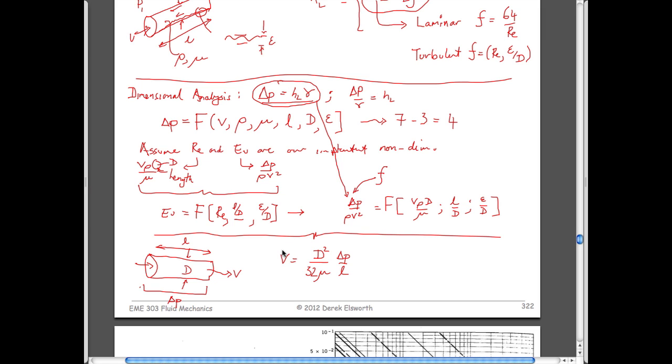This happens to be the average velocity, and it's the average velocity because if you think about what you'd expect the velocity to look like across this pipe, it's actually kind of parabolic. So in the middle of the pipe, where it's furthest away from the edges, where it's kind of anchored to the wall, the velocity would be the largest.